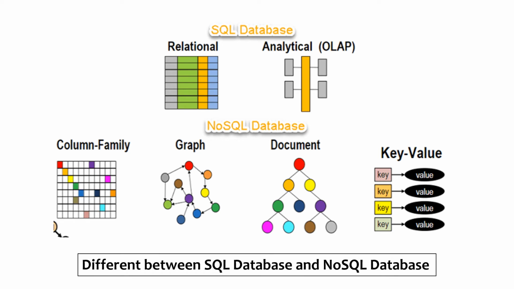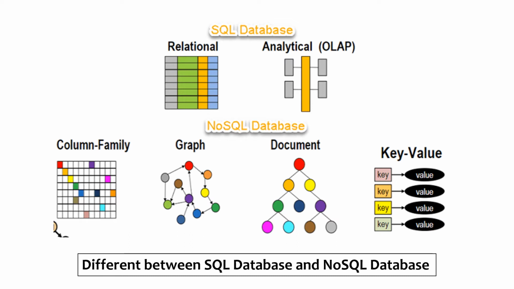Okay, now we start with the difference between SQL databases and NoSQL databases. A SQL database is relational and analytical. For NoSQL databases, there are column family types. There were 4, actually, now it has 5 already. First there is document-based, second is column, and then key-value, graph, and the latest one is the cache system.